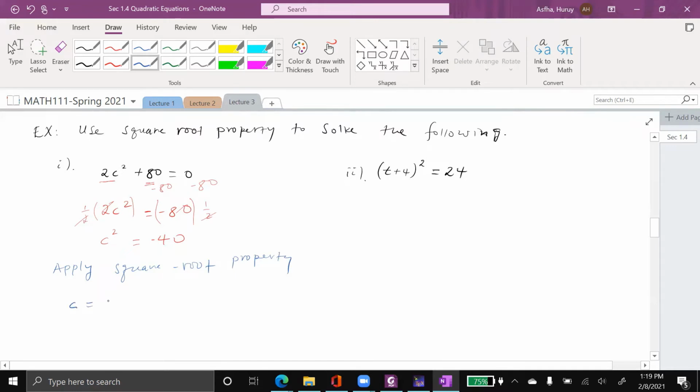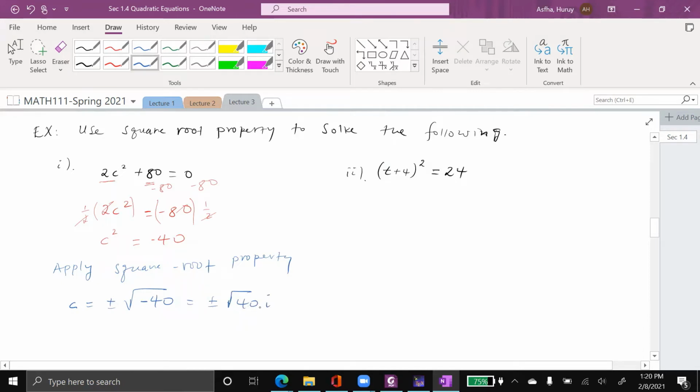So c has to be plus or minus root -40. Now, luckily, we learned about imaginary or complex numbers. As you can see, we have a negative number inside the square root. And now we don't have to worry about it since we know what this means. And we can simplify this one further. This is plus or minus the square root of -40, which is the square root of 40 times i.